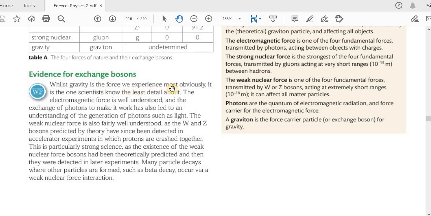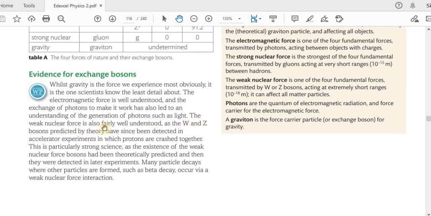Whilst gravity is the force we experience most obviously, it is the one scientists know the least details about. The electromagnetic force is well understood, and the exchange of photons to make it work has also led to an understanding of the generation of photons such as light.